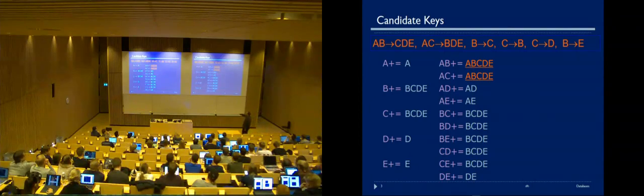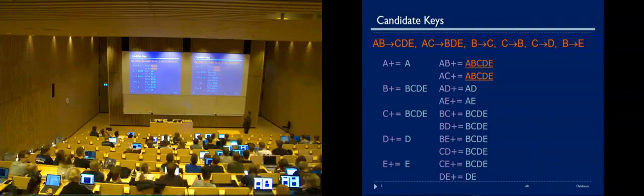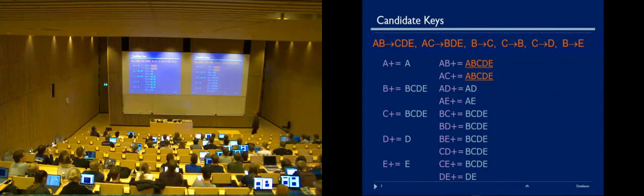And then regarding the next 5 cases, all of them include at least B or C or both of them. So all of them can be already set equal to this set of 4 attributes. Maybe they include also some of those attributes. So the closure of those 5 sets is just this set of 4.